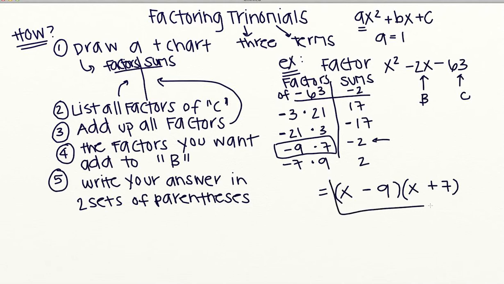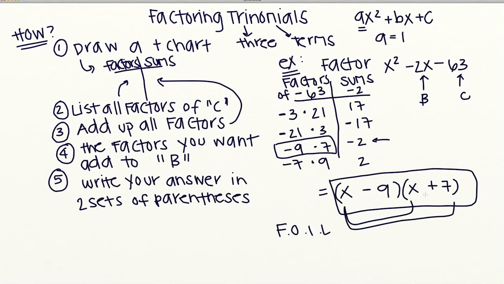The good news is that we can always check it. And because we're multiplying 2 binomials, in order to check it, we can FOIL it. So remember, FOIL is first, outer, inner, last. So let's just check it, make sure we did it right. Multiply our first terms together is x squared. Do our plus sign, multiply our outer terms together is x times 7 is 7x.